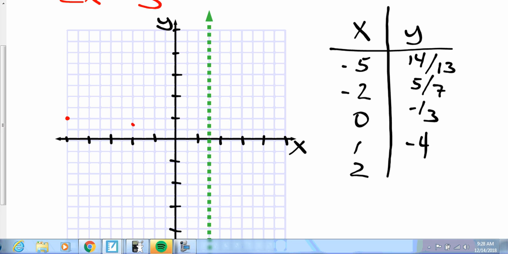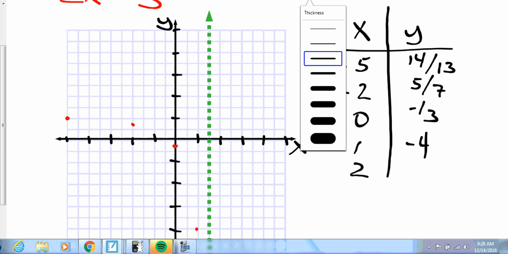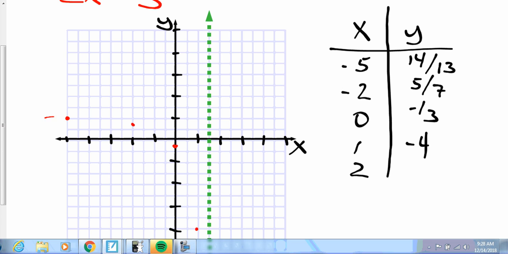So about right there. At 1, it's -4. All the way down here. So what I'm doing here, I'll do this in a skinnier red, is doing like that. Okay? Now, how about over here on this side?